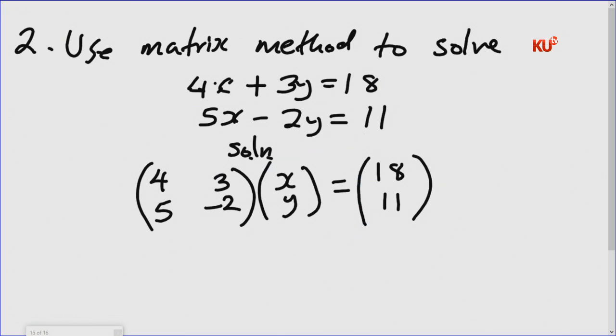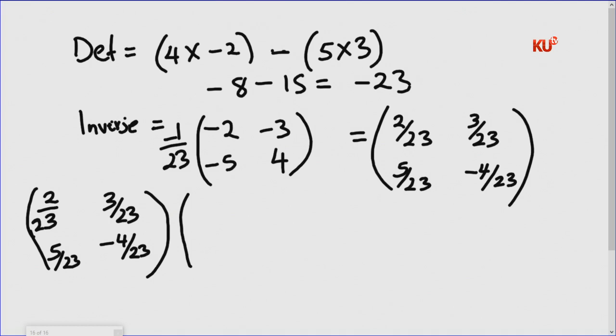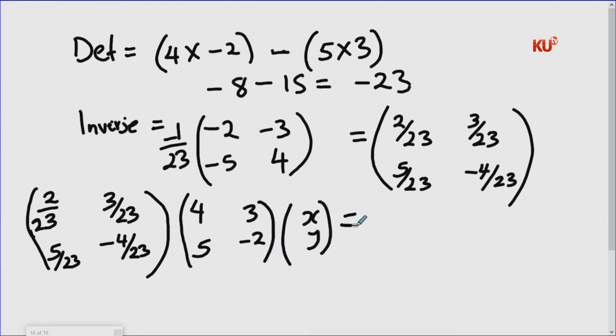So let's proceed. I will then have my values: 4, below it 5, then 3, then negative 2, then x, y, to give us the same inverse, that is 2 over 23, 3 over 23, 5 over 23, and then negative 4 over 23.